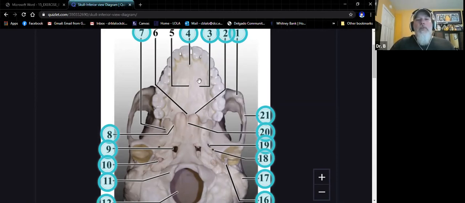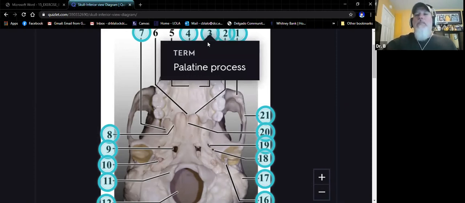This bone right here that makes up the hard palate, these are actually parts of the maxilla. All right, so this would be the left maxilla, this would be the right maxilla, but this structure of the maxilla is called the palatine process.